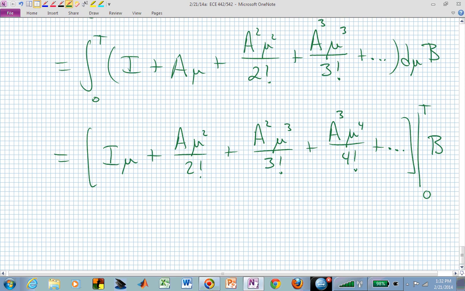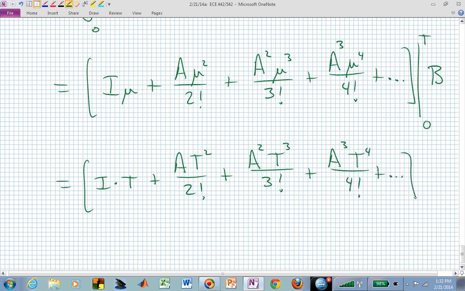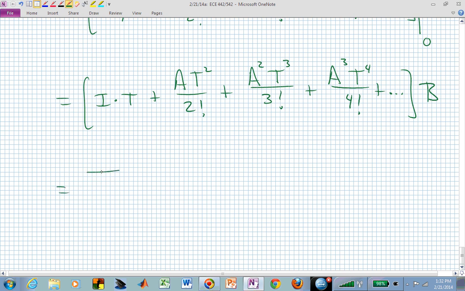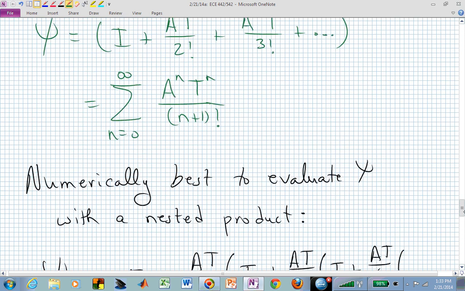Mu scales all of those, so the lower limit of integration is not going to give us any term in that result, and we will end up then with I times T plus A T squared over 2 factorial plus A squared T cubed over 3 factorial, A cubed T to the 4th over 4 factorial, again, all scaling by B. But if we look at that, we can see that that's now this sum of A to the n, T to the n plus 1 over n plus 1 factorial, n equals 0 to infinity, all times B, and that's looking a lot like this psi.